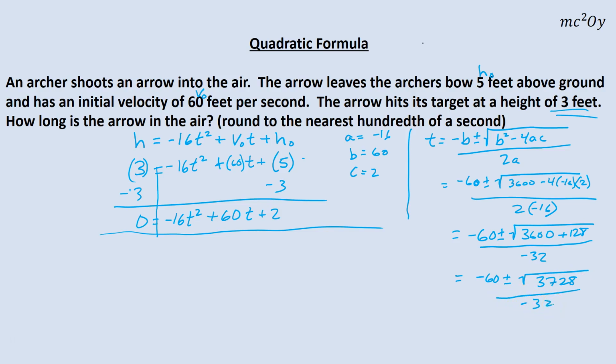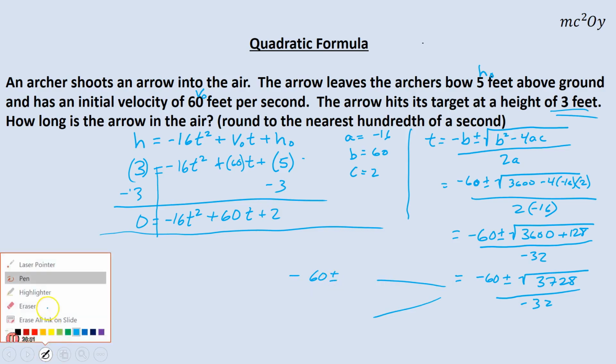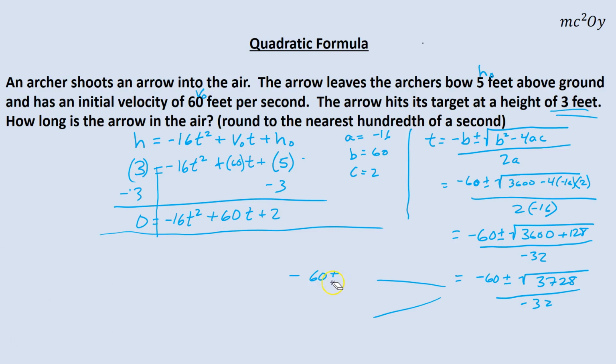And now this is going to break into 2 different parts. This one is negative 60 plus the root of 3728 over negative 32. And this one is negative 60 minus the root of 3728 over negative 32.